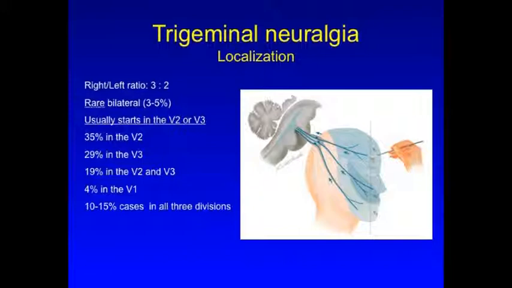It can be combined in 19%. And only in 4% does it involve V1, so it's a very rare presentation. This is the trigeminal nerve, this is the ganglion, and it can also involve all 3 divisions in 15%. Usually we see the pain in this distribution or this distribution.